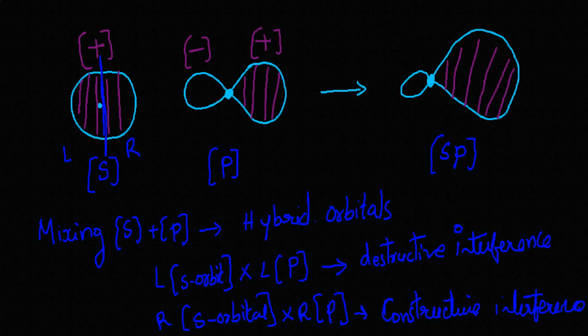If you see clearly, when the positive side of the s orbital and the negative side of the p orbital overlap, I mean positive and negative overlap, we get destructive interference, and when positive and positive overlap, we get constructive interference.